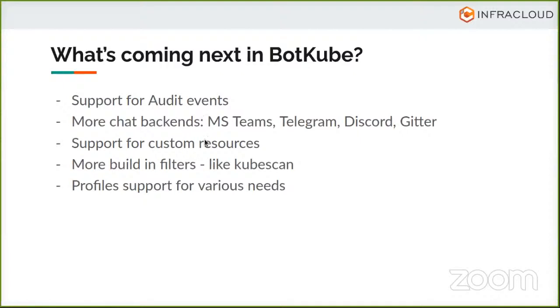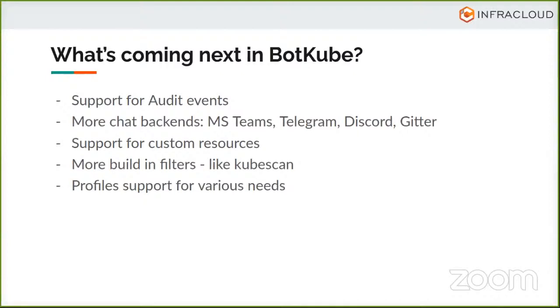We are also adding support for Microsoft Teams in the upcoming release, and there are already PRs raised for Telegram and Discord support. In the upcoming release, you'll also be able to watch custom resource events, which is something interesting.